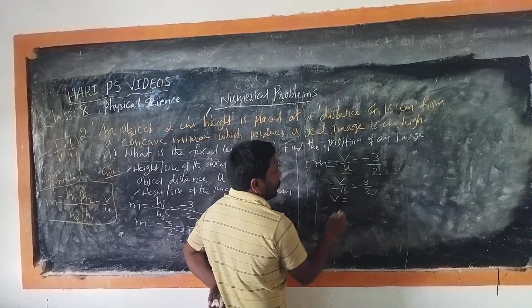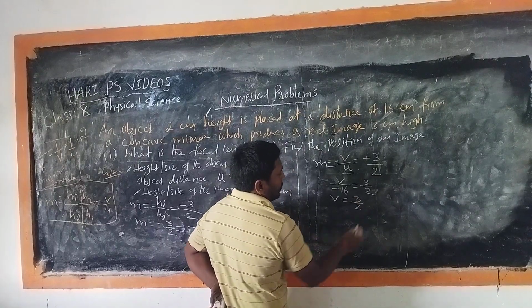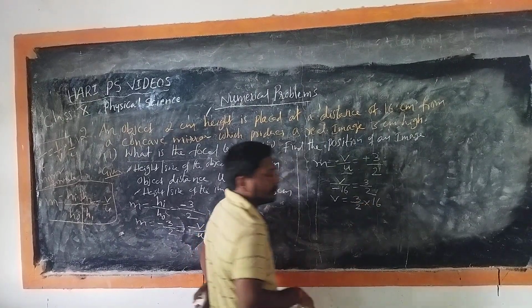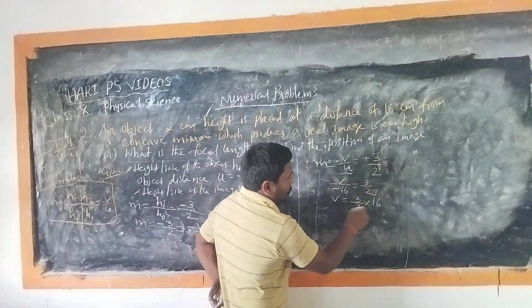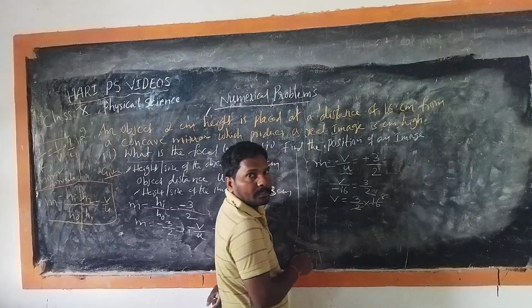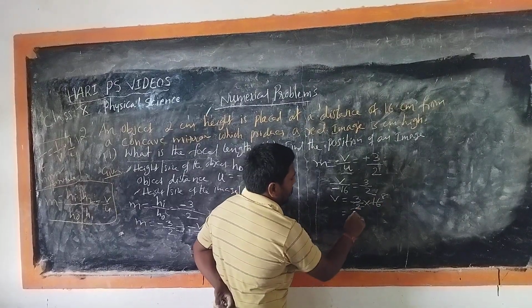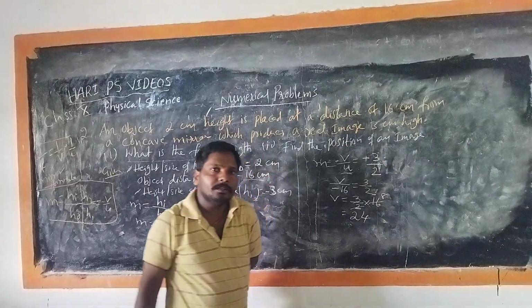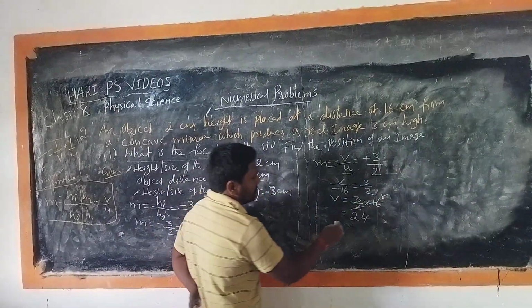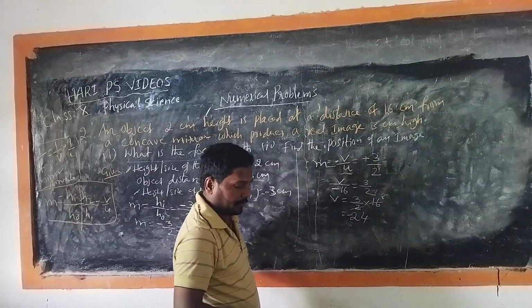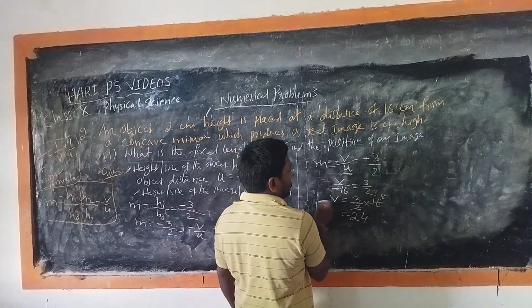So v is equal to 3 by 2 into 16. 2 1 jar, 2 8 jar. That is equal to 8 3 jar, 24. So what is the image distance? Minus 24. So magnification here is minus.